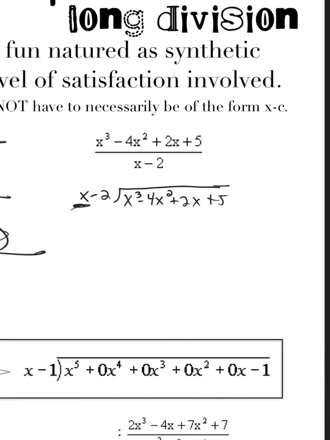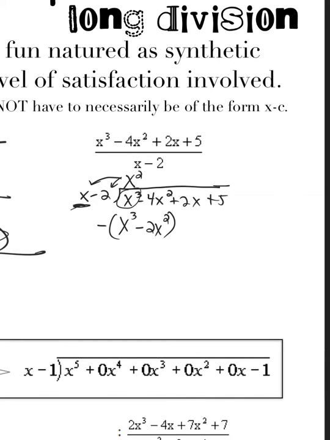I have to ask myself, what do I multiply x by to get x cubed? That would be x squared. So I have to multiply both of these terms by x squared and write it below. X times x squared is x cubed. X squared times negative 2 is negative 2x squared.